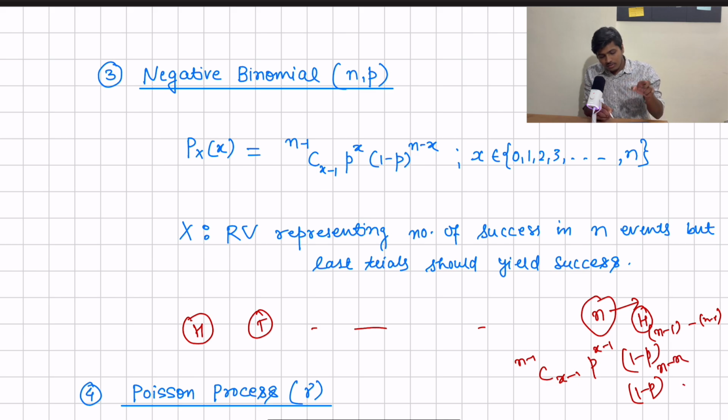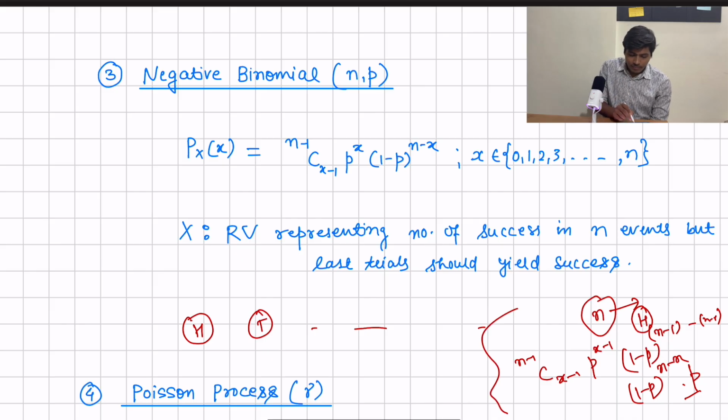And since we are having n trials, we are multiplying by p. Why? Because it is for sure that the last trial has to be a success, and the probability of success in the nth trial is p. When you do this calculation, you will get n minus 1 C x minus 1 p raised to x times (1 minus p) raised to n minus x.